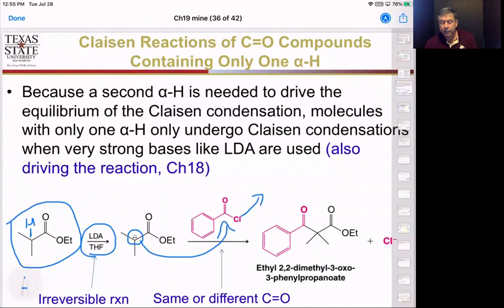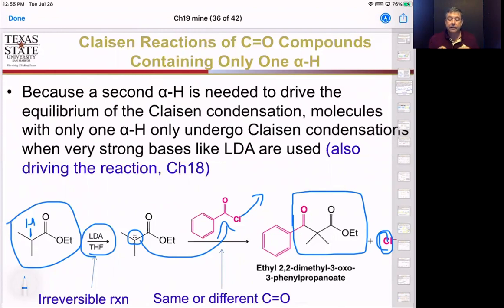And what we'll end up with is the same structure we were looking for in the other Claisen reactions, our beta keto ester right here. But instead, we're going to generate a very poor base, our chloride ion, as our leaving group. So the reaction stops at that position.